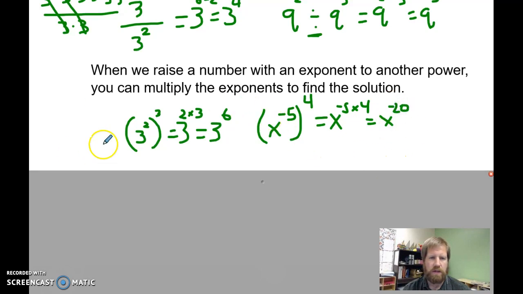The reason this works is because you are taking it to the power, which means you are multiplying this by itself this many times.